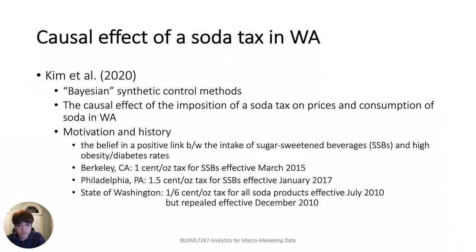The state of Washington also passed the imposition of a tax, but it was a little bit different from the Berkeley and Philadelphia cases. The tax was imposed for all soda products, and because of anti-tax campaigns of soda companies, the tax was repealed 5 months later.